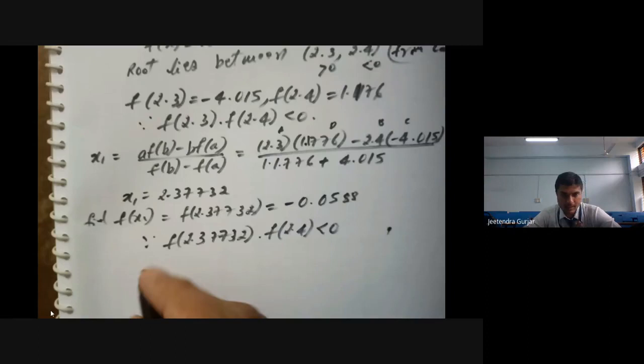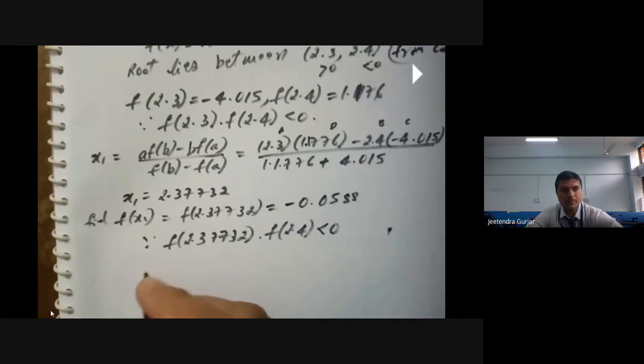You will get corrected to three decimal places, beta. But at least there must be 5 to 6 values so that it will become correct to three values. If you take only three values at the beginning, then how is it possible? So we take maximum values 5, so that three values will be correct.